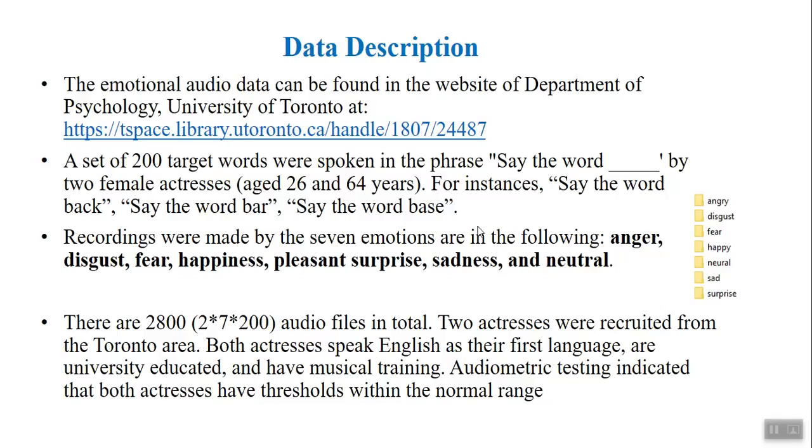For example, the older actor and the young actor say the word plus another word, like say the word bike, say the word bar, say the word base. There are 2,800 audio files in total.